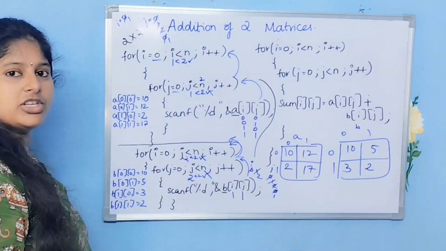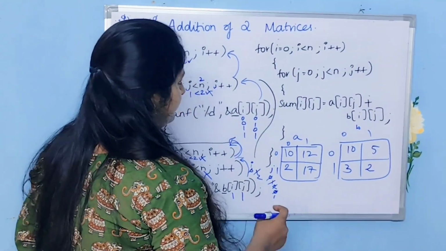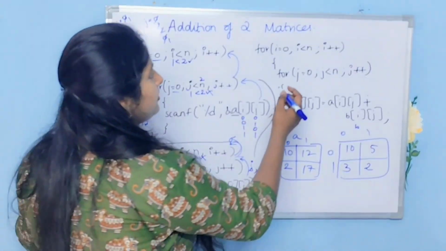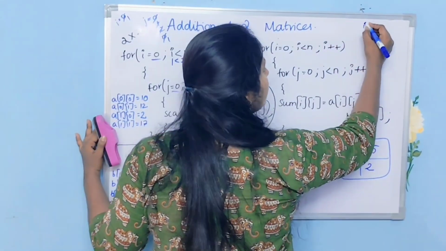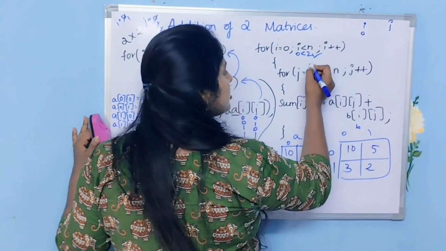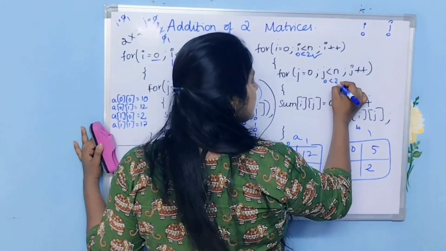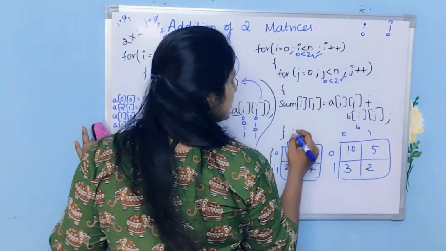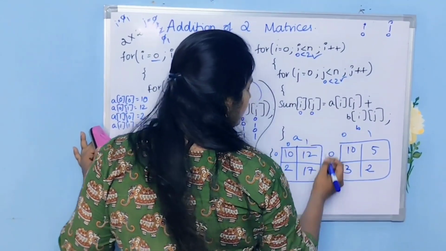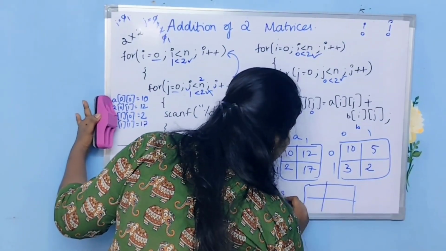Now I'll perform addition of these 2. For i equals 0, 0 is less than 2, condition true, so it goes inside. J equals 0, 0 is less than 2, condition true, it goes inside. Now, this is my addition matrix, sum.